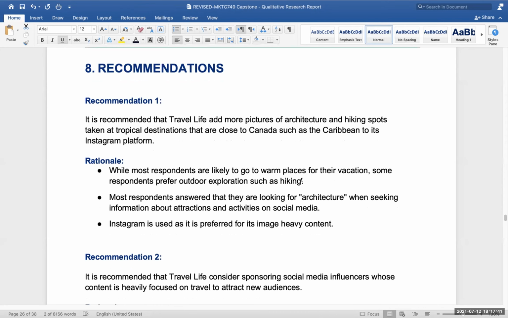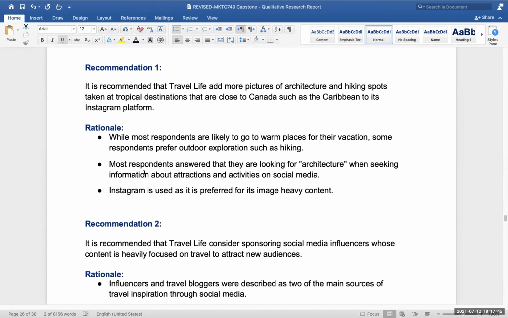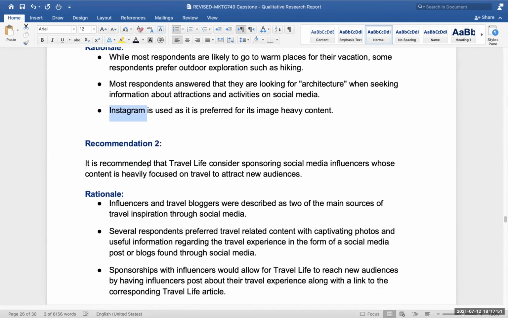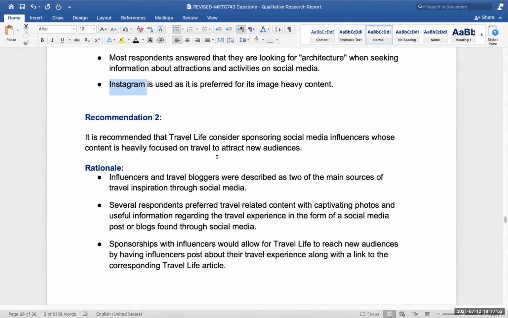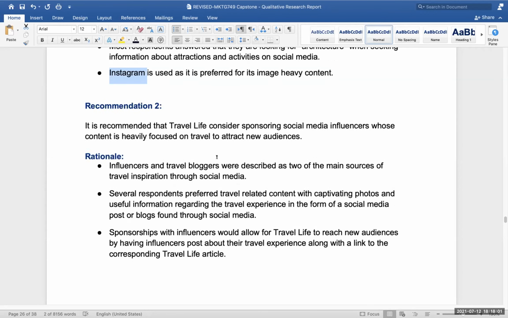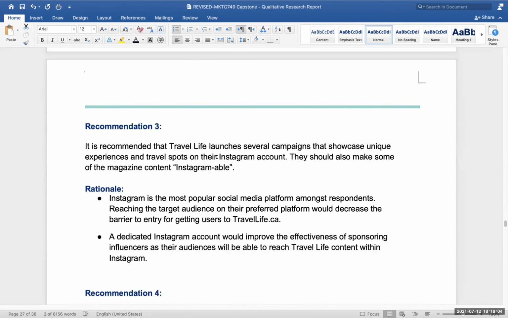In other words, they're not interested in hotels. Do you realize that? You notice that Instagram now is becoming what? A very important social media platform. Another recommendation, it is recommended that Travel Life consider sponsoring social media influencers whose content is heavily focused on travel to attract new audiences. And of course, there are several other recommendations.